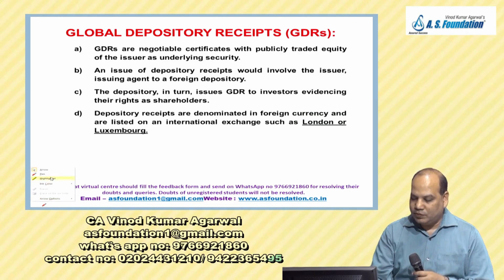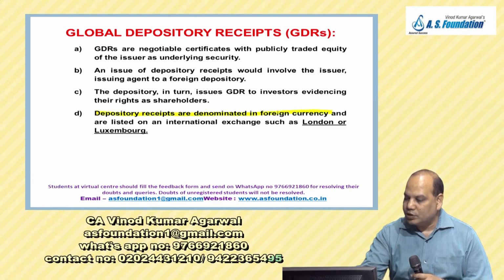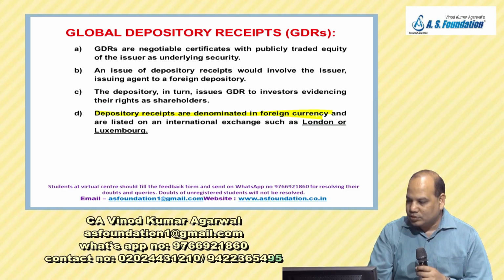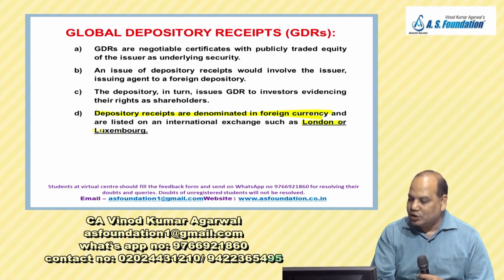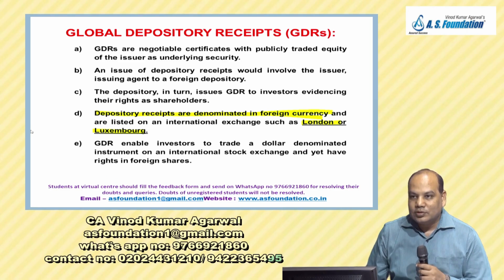One of the objective of issuing depository receipt is to raise funds in foreign currency, so that that money can be used for your foreign operations, foreign joint ventures, foreign associates, and also purchasing capital asset, raw material, inventory or components, and are listed in international exchanges. The two popular exchanges where GDRs are listed are London Stock Exchange and Luxembourg Stock Exchange, which is also in Europe.